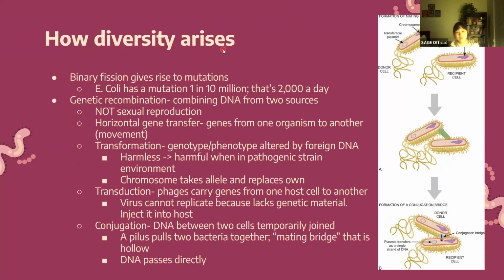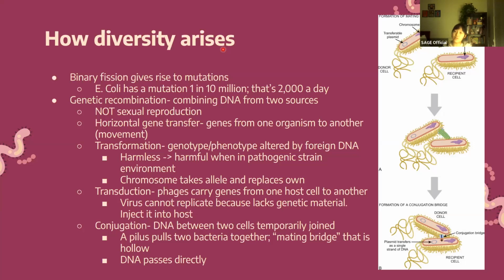So how biodiversity arises. Again, binary fission is an asexual reproduction process, meaning that there's only one parent, and that parent is cloning itself. However, in the process of cloning, you have to replicate your DNA so that your clone also gets a copy of your DNA. And in this process, sometimes mutations occur.